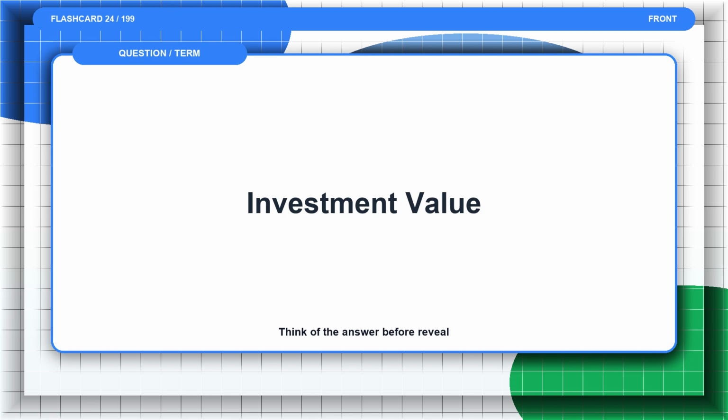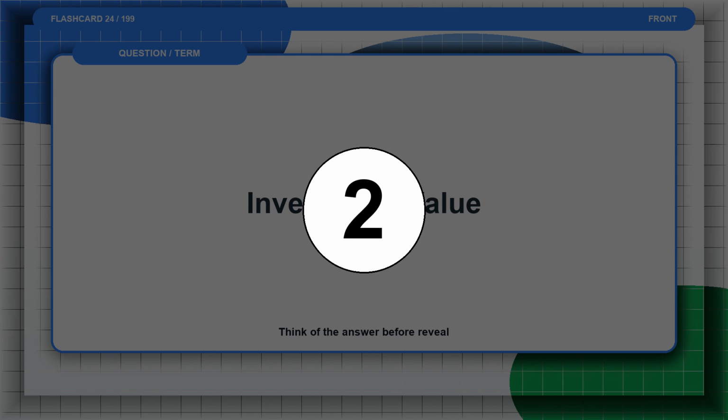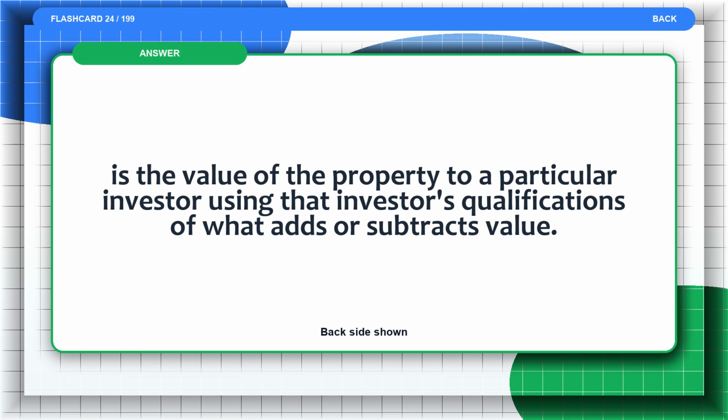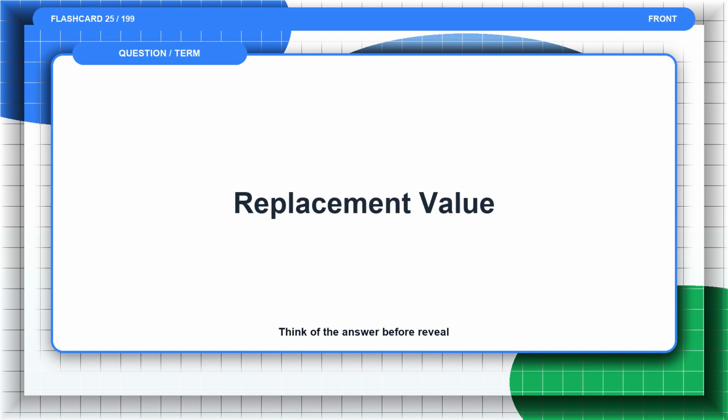Flashcard 24. Investment value. Pause and think of the answer before the reveal. The answer is the value of the property to a particular investor using that investor's qualifications of what adds or subtracts value. Flashcard 25. Replacement value. Pause and think of the answer before the reveal.